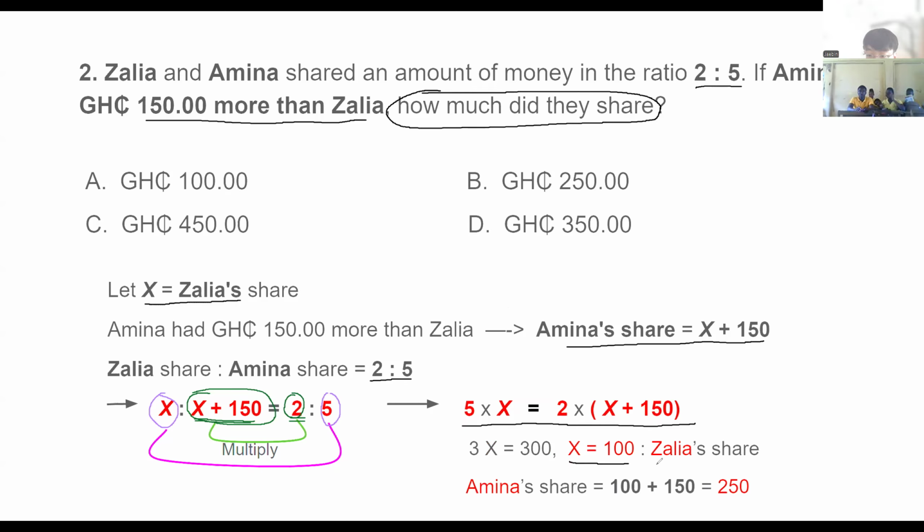And 100 is Zalia's share. And Amina's share is 100 plus 150, which is 250. And their total share is, you have to add these together, right? 250 plus 100, and what is that? It's 350, right? So they will have a total of 350 Ghana cedis.